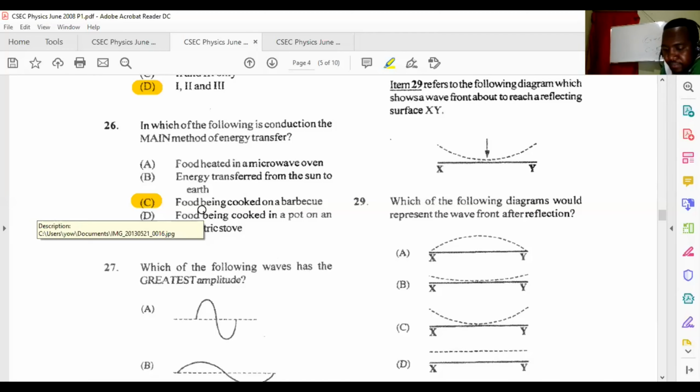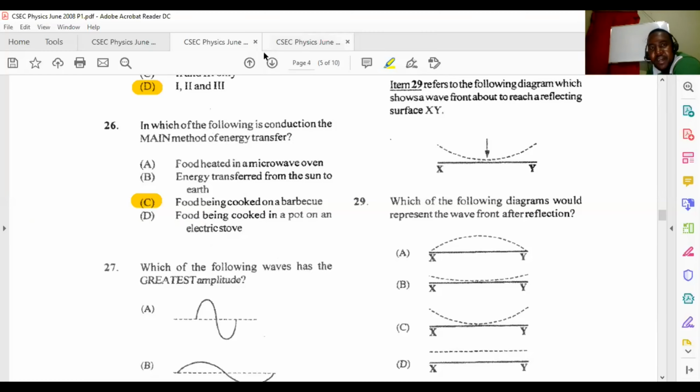So C, because the food is straight on the metal, while in D, even though the electric stove does conduction straight to the pot, and if there's no oil in the pot, hypothetically, it would be conduction straight to the food. We all know that we need to put oil in the pot to cook food, so it'd be convection and conduction for D. So it had to be C. All right, no problem. Great.